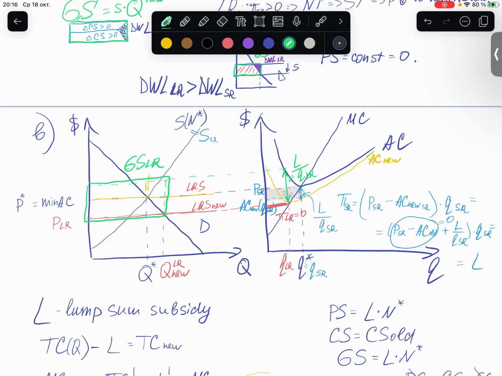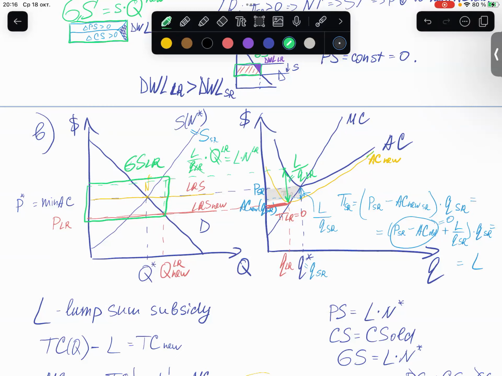Why? Because if this difference is L over Q in the long run, when we multiply it by the quantity new in the long run, we divide them, and this will be actually L multiplied by the new number of firms.